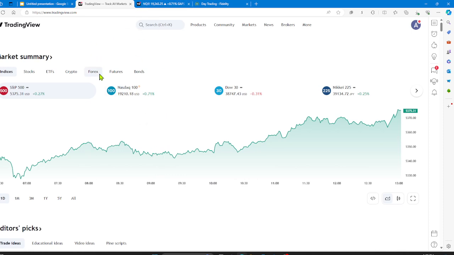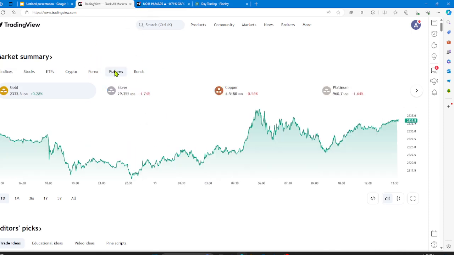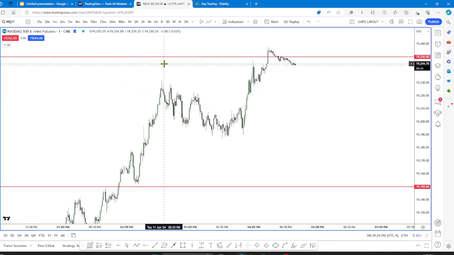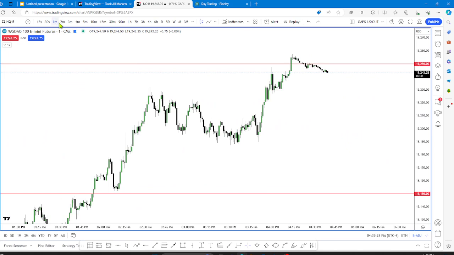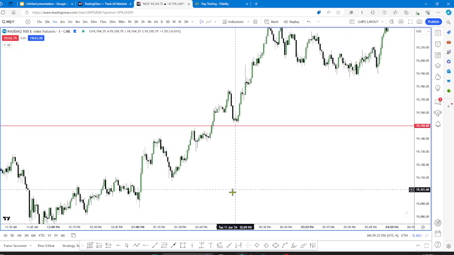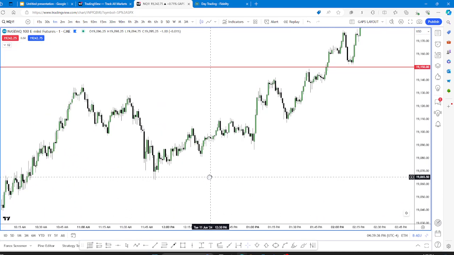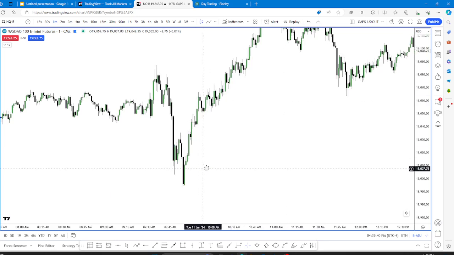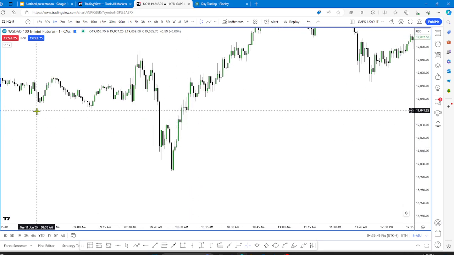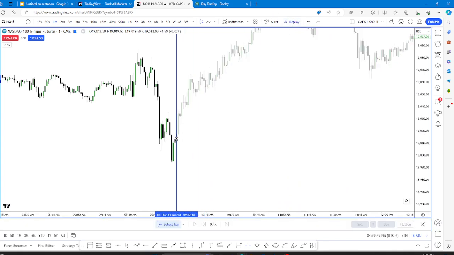Let's say we want to open up the futures market and we want to look at the NASDAQ. Okay. Here we're on a 1 minute chart. Okay. You can look at different time frames, but let's say in the morning, for example, you woke up and you bought here in the morning about 10 a.m. Okay.